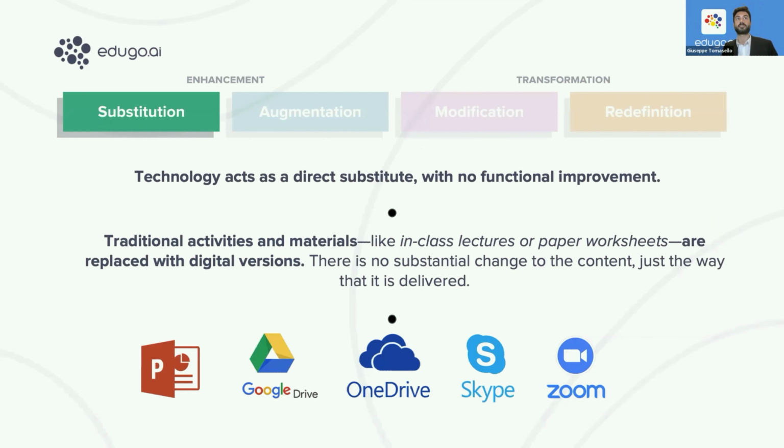The first one is the S, which is substitution. This is a really simple way to integrate technology into an online learning experience, where technology is a direct substitute, but there is no functional improvement.